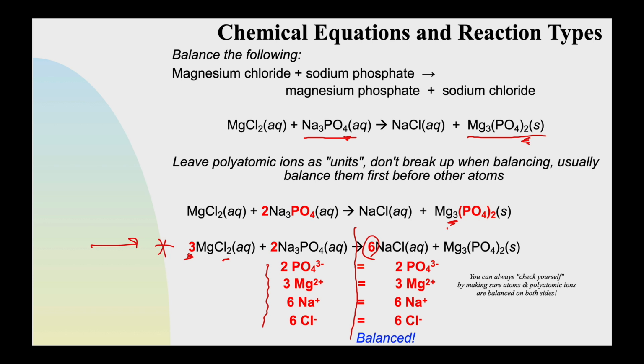And on the reactant side, the left side, 3 times 2 would be 6 Cls, and 3 times 1 would be 3 Mgs, and 2 times 3, 6 Nas, and 2 phosphates. Now if this is balanced, the product side will be the same. So on the product, the right side, 6 Nas, 6 times 1, 6 Cls, 3 Mgs, and 2 phosphates, and you can see that those numbers are the same on both sides.